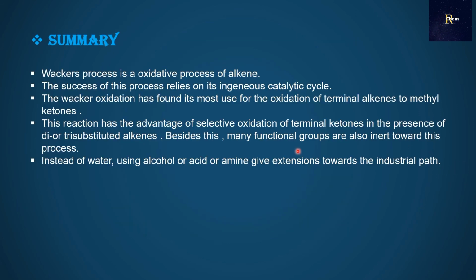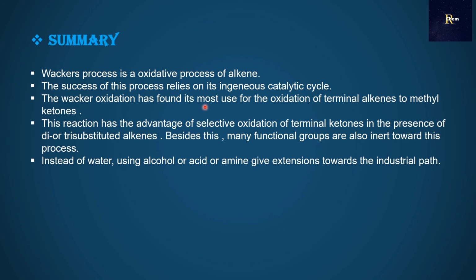Now the summary of this Wacker's process is: this is the oxidation process of alkenes, no doubt, and the success of this process relies on its ingenious catalytic cycle, right? And the Wacker's process has found its most use in the oxidation of terminal alkenes to methyl ketones in industry. So at the industrial level this one is very useful.